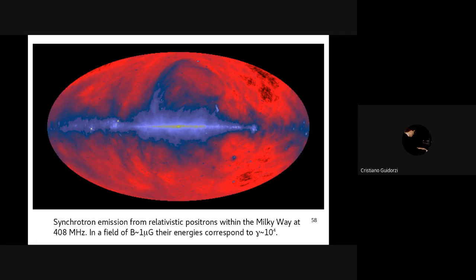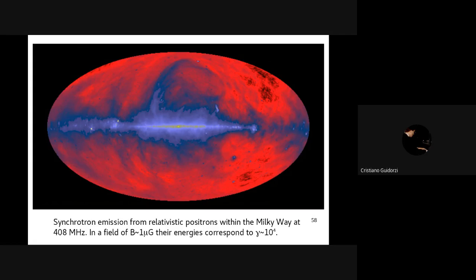And this is really bright. If you use a radio telescope at this frequency, you see really strong synchrotron emission. These are electrons that are moving within our own galaxy and, being entrained in a region filled up with a magnetic field, they automatically emit synchrotron emission.